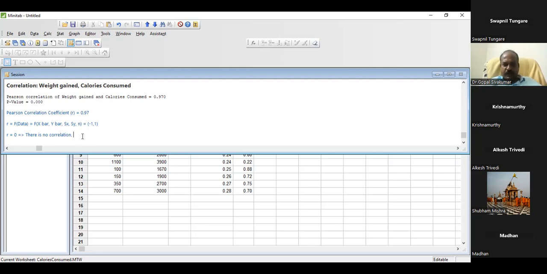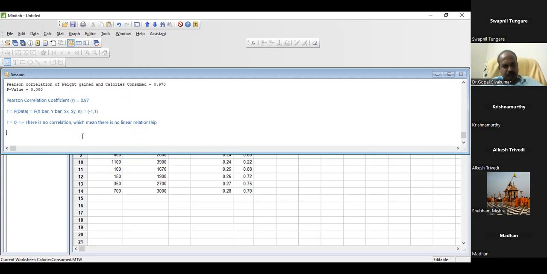So there is no correlation, which means there is no linear relationship. All of you understand the meaning of r becoming 0?